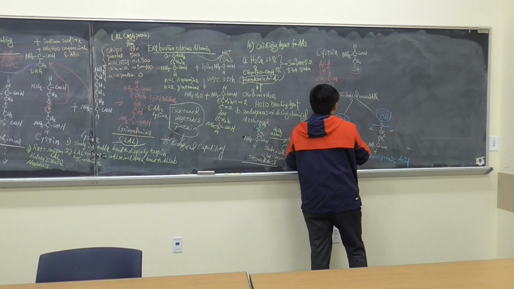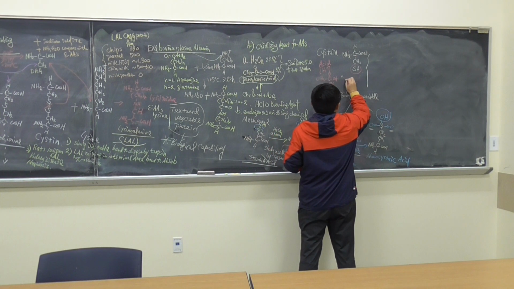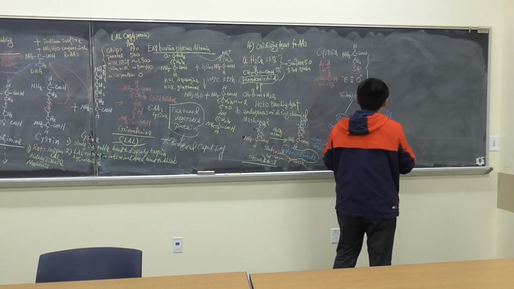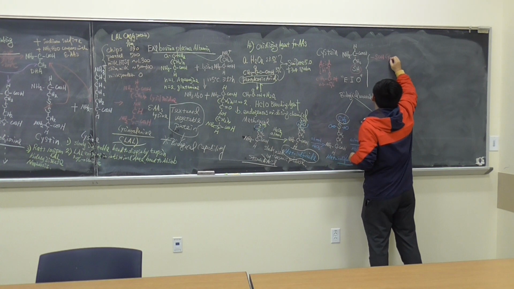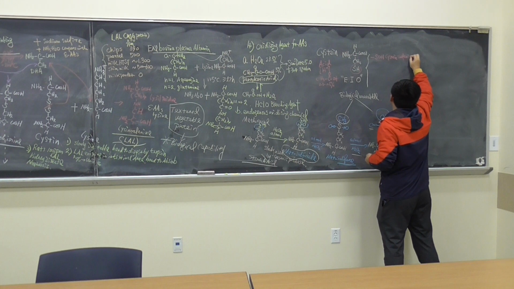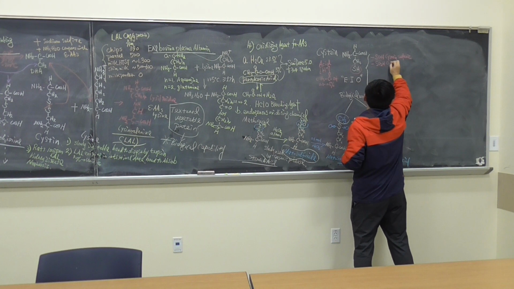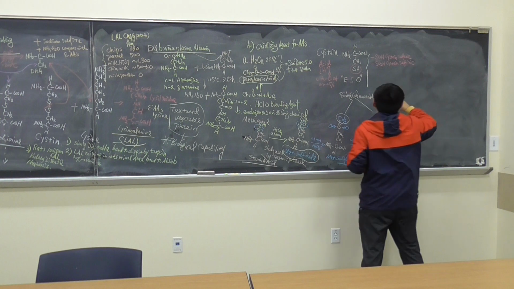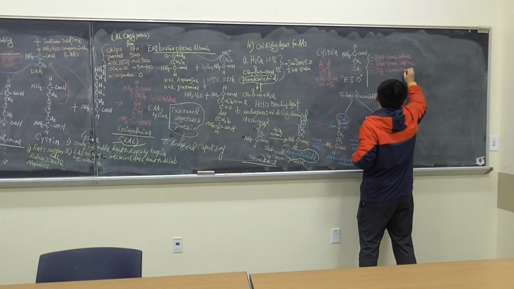What will happen? Based on the different levels, if it becomes SOH, we call it cysteine sulfenic acid. If it becomes SO2H, we call it cysteine sulfinic acid. If it becomes SO3H, cysteine sulfonic acid.